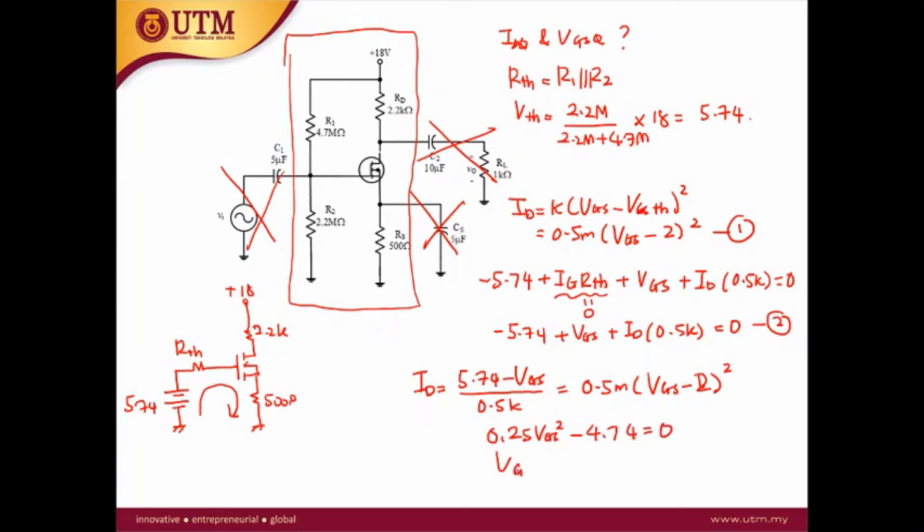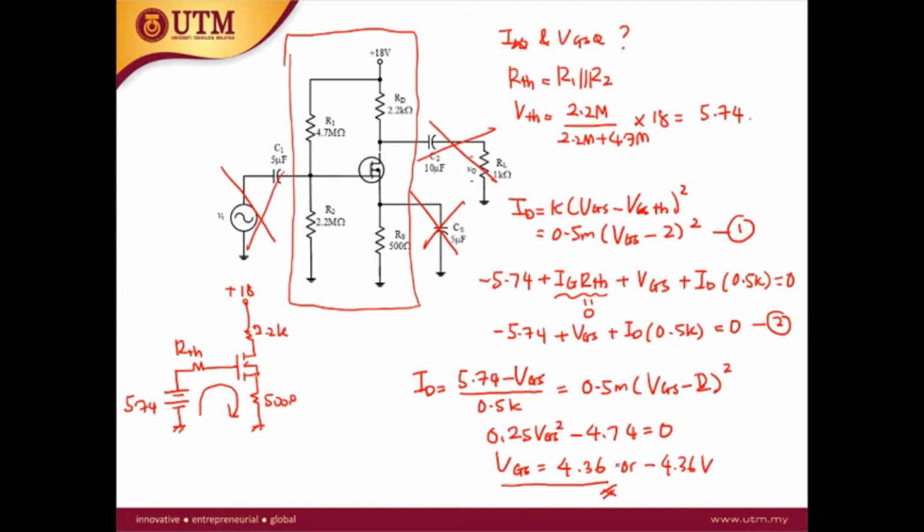So VGS has two solutions, which are 4.36 or minus 4.36 volt. The valid solution will be the value which is bigger than the threshold voltage. Threshold voltage is 2 volt, so the valid value is 4.36.